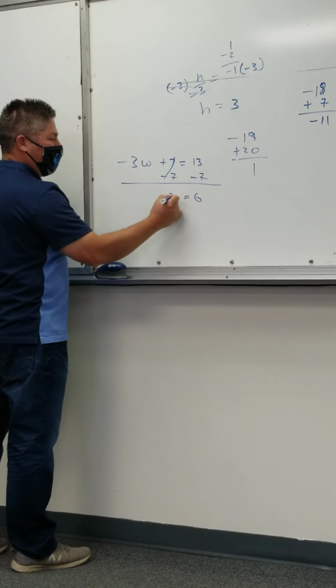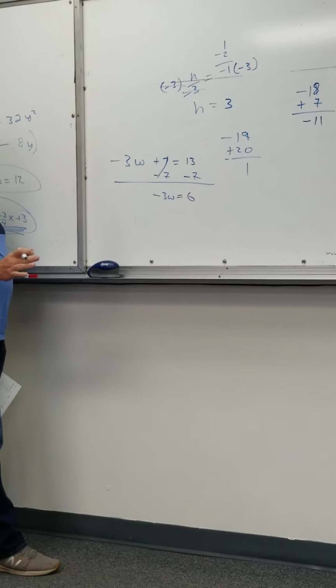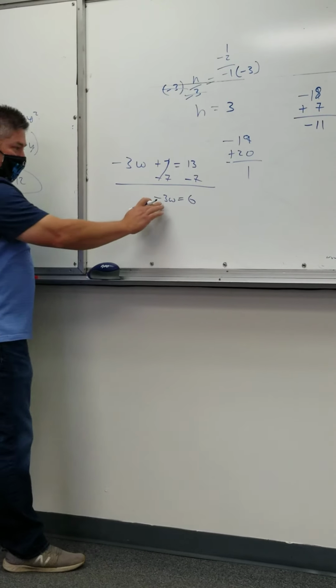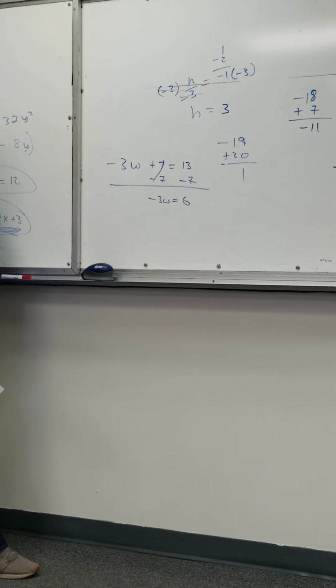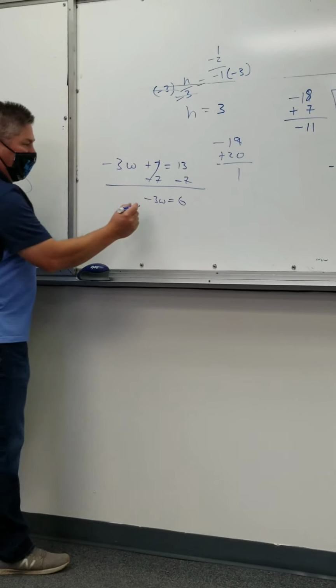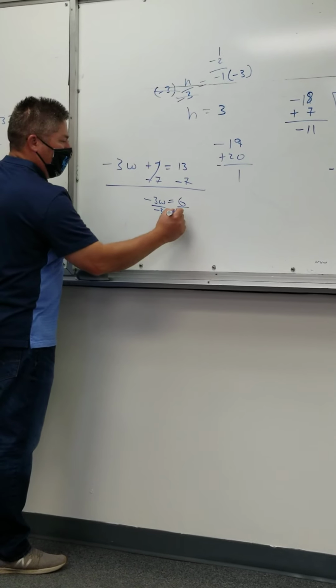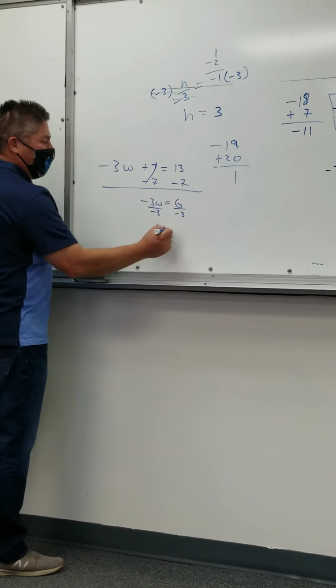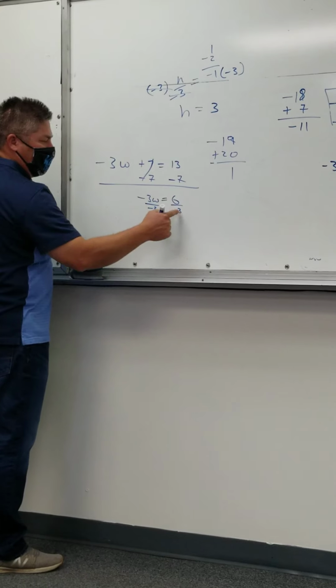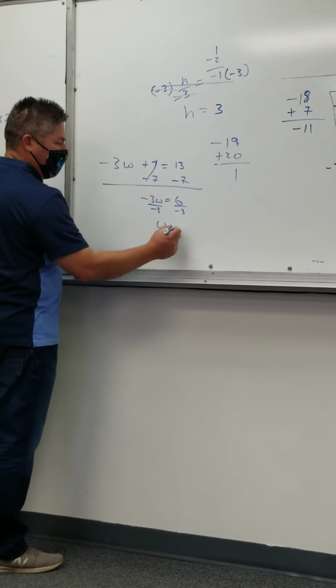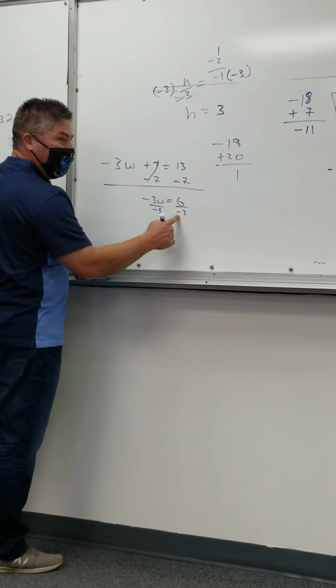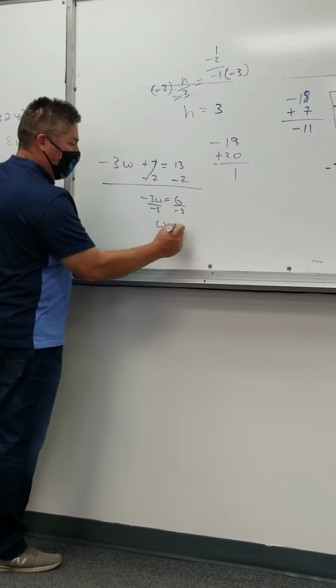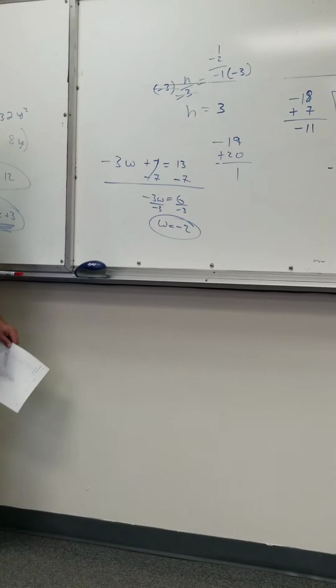And I have negative 3w. Now what? It's negative 3 times w, but to get rid of timesing, I've got to divide. Now what do I get? 6 divided by negative 3 is? Positive divided by negative? Negative 2. See how many kids mess that up?